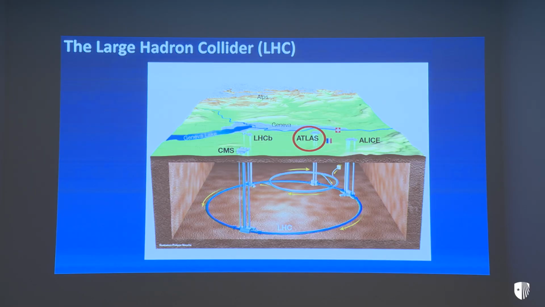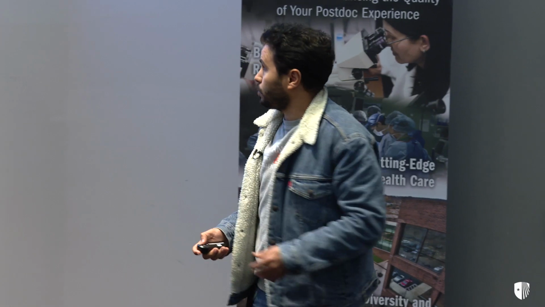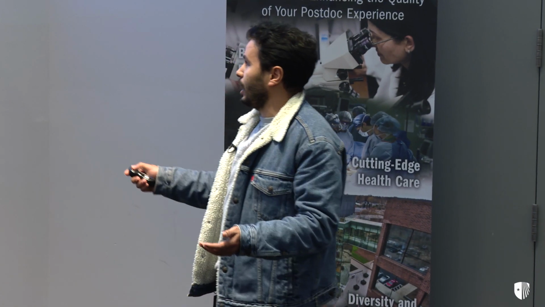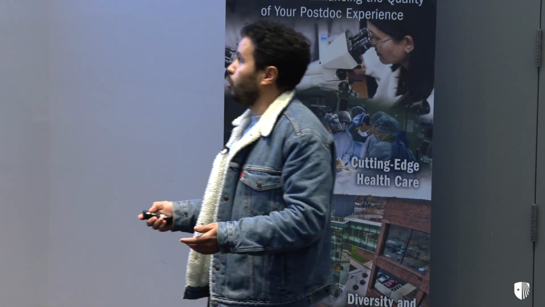Here is a more realistic picture of the actual machine. It's a 27-kilometer circular collider with 4 big experiments. The one you can see here, and mine, is ATLAS. It's really the largest machine in the world for now. What we accelerate inside this tunnel are usually two kinds of things.